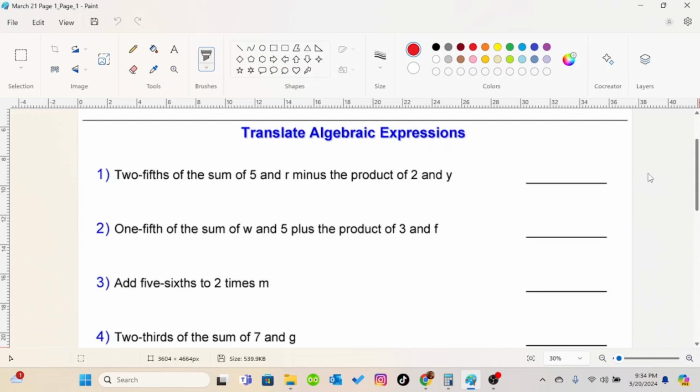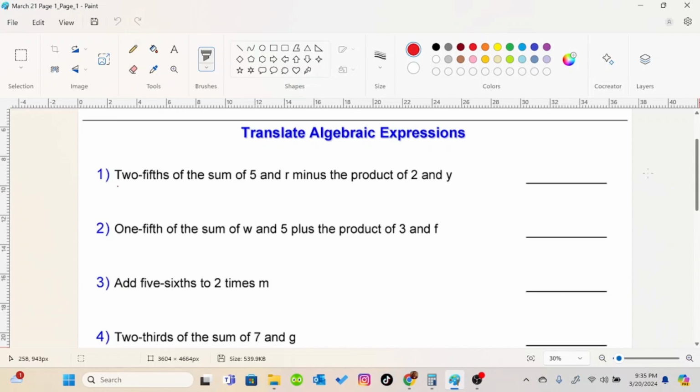And on page 1, we're going to translate algebraic expressions, meaning we're going to take word descriptions and turn them into the actual expressions. So number 1 says 2/5 of the sum of 5 and r.